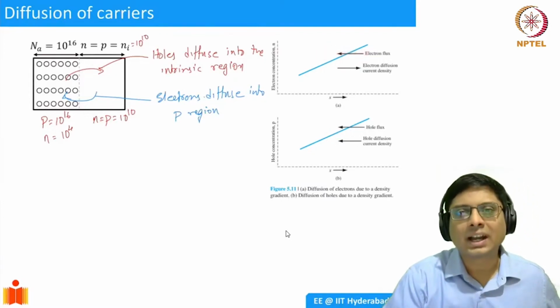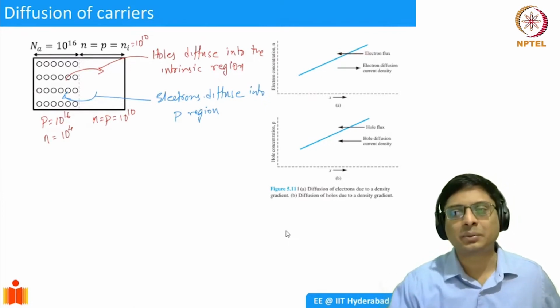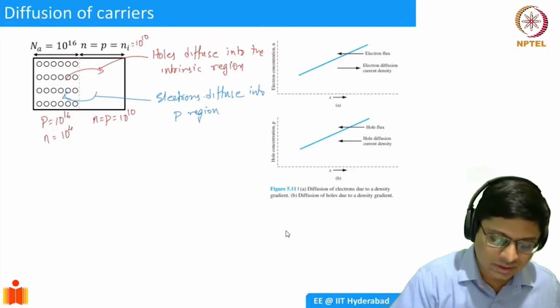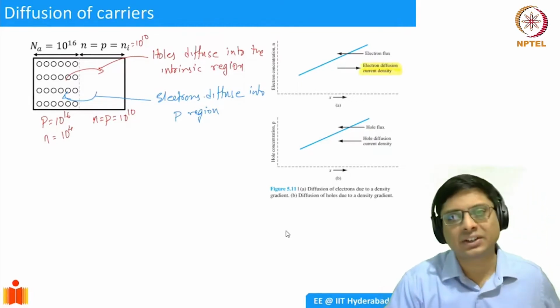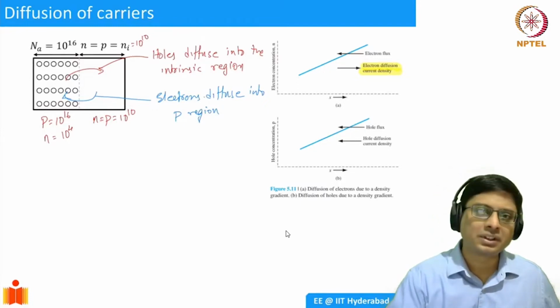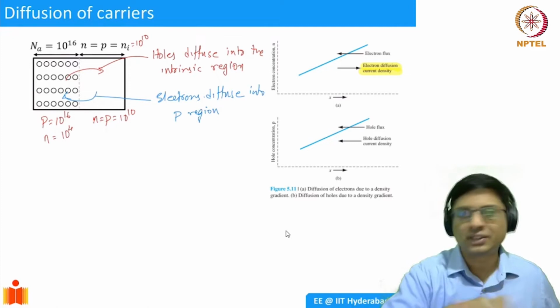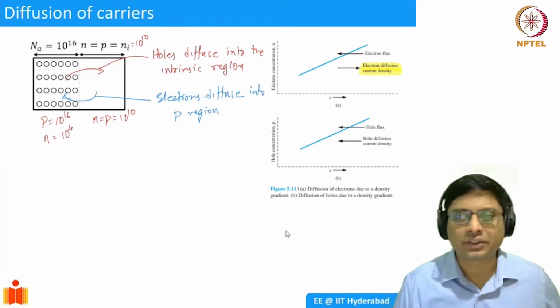By convention, whenever you have electrons traveling, we take the current to be in the opposite direction. So the electron diffusion current density is going to be in the positive x direction, because the electron flux is in the negative x direction. This is for electrons.